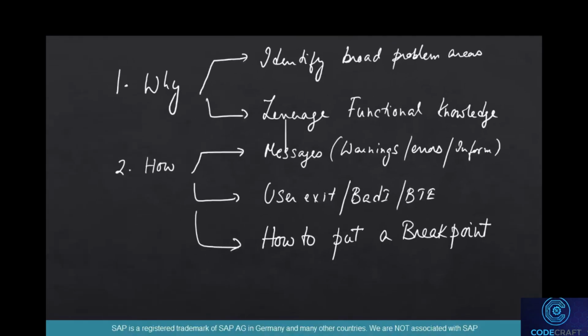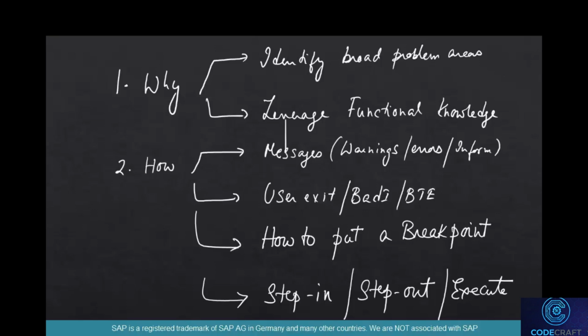Just select that line and then hit the breakpoint button and you're done. And we have seen some of the intricacies of how to do debugging, like step in, step out, execute, which are the different ways in which you execute a program. Is it line by line, or is it one block at a time, or you want to execute until you hit a breakpoint, and so on.